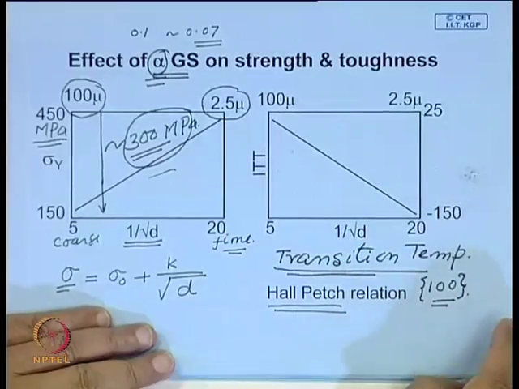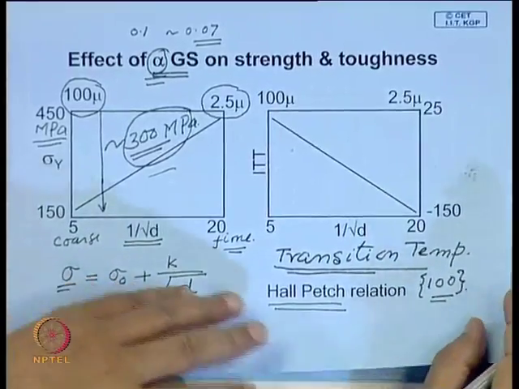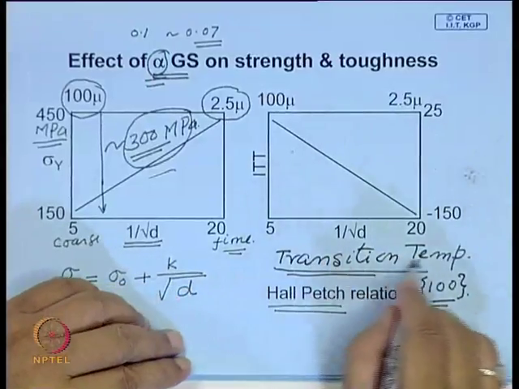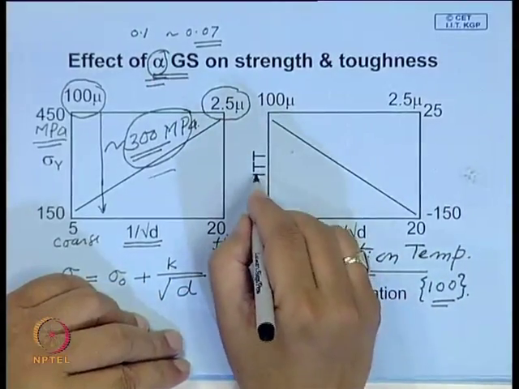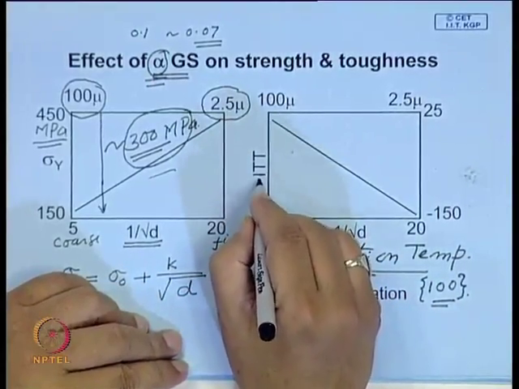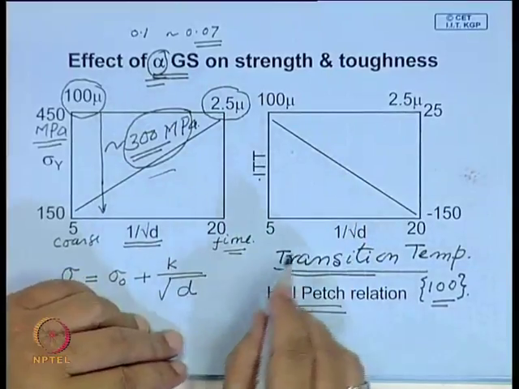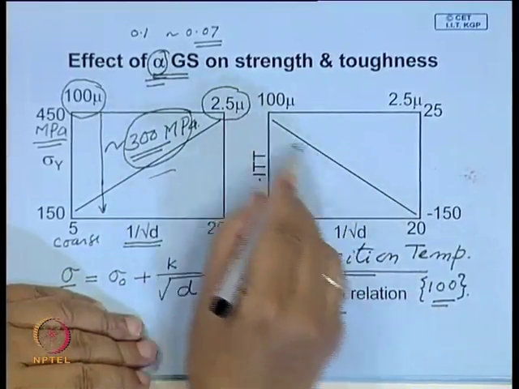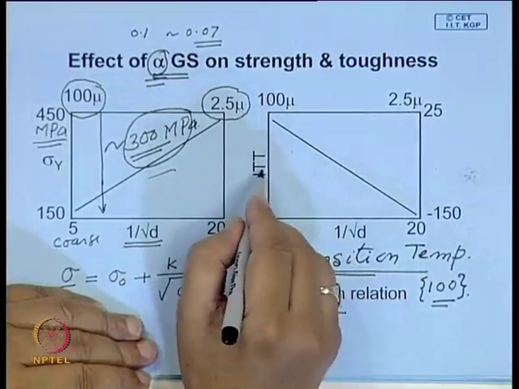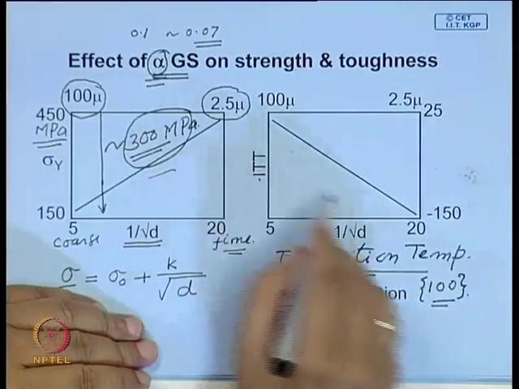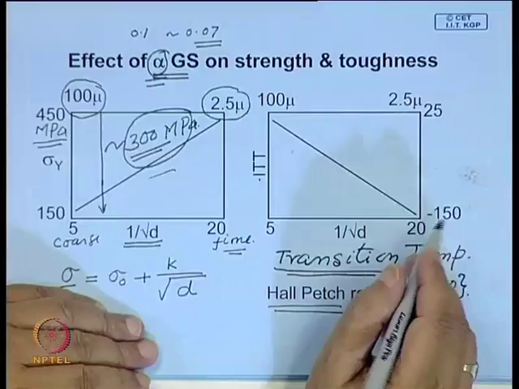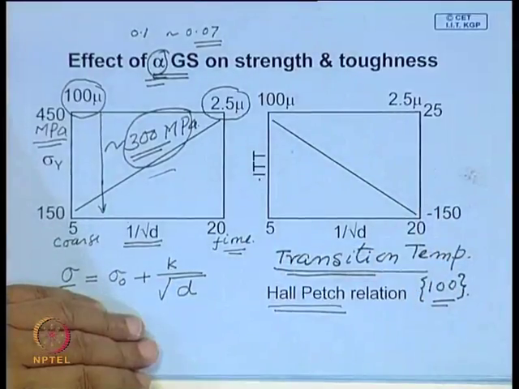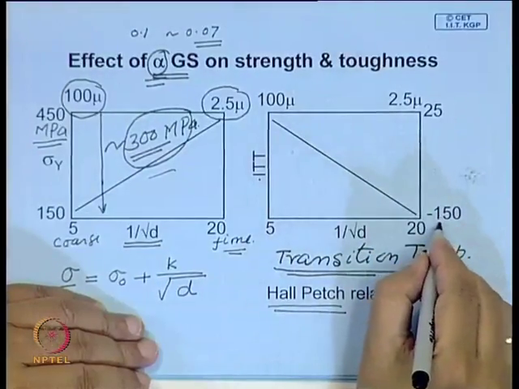And the best way to measure this is by impact testing. So ITT means impact transition temperature, and using Charpy pre-cracked test pieces, you can find out the impact transition temperature by conducting a test at various temperatures, and here the temperatures are noted.